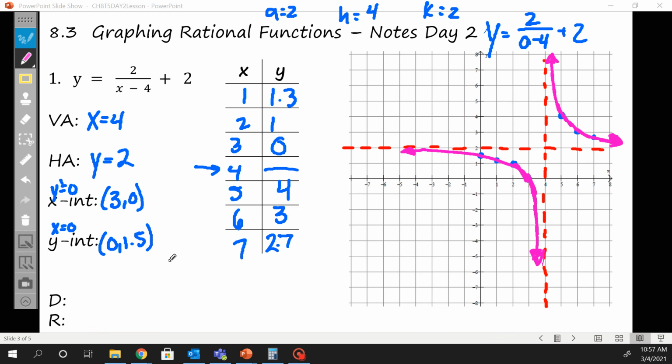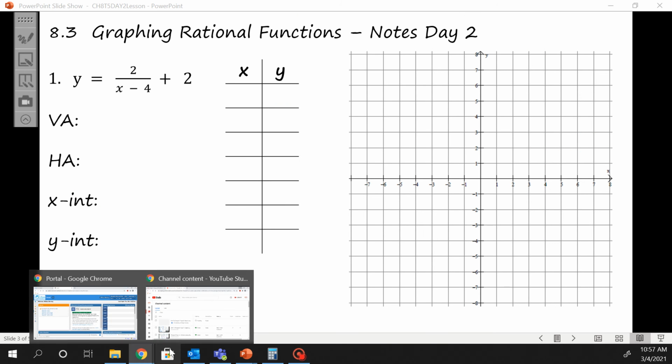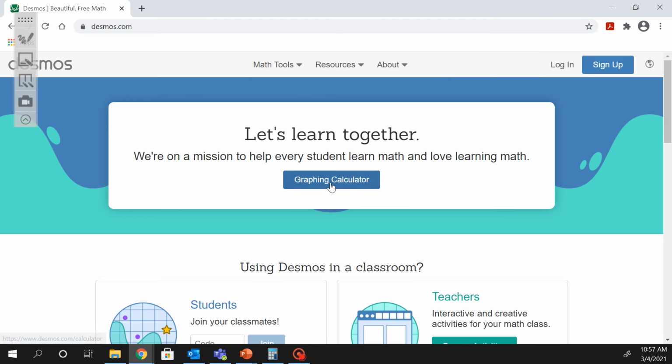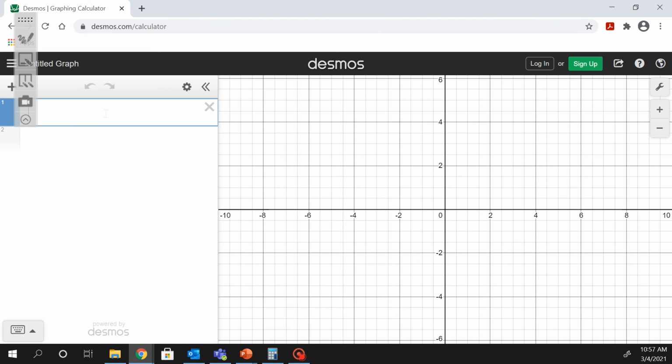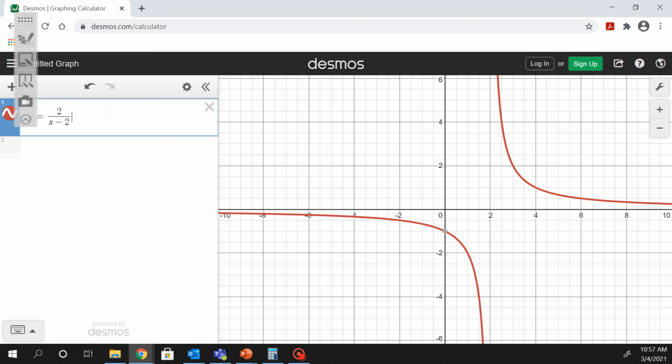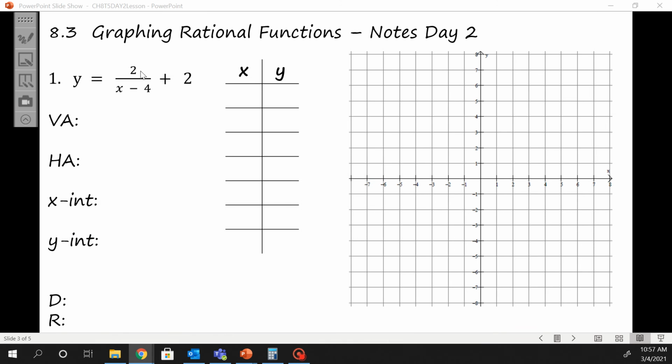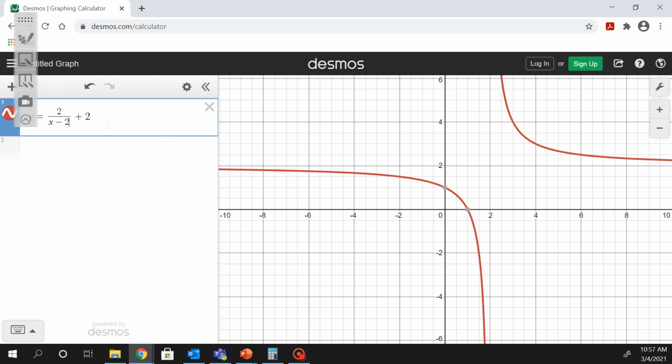Now let's compare this graph to what Desmos would give us if we graphed it on a graphing calculator. Okay, so y is equal to 2 over x minus 4, plus 2. That's what I have, right?